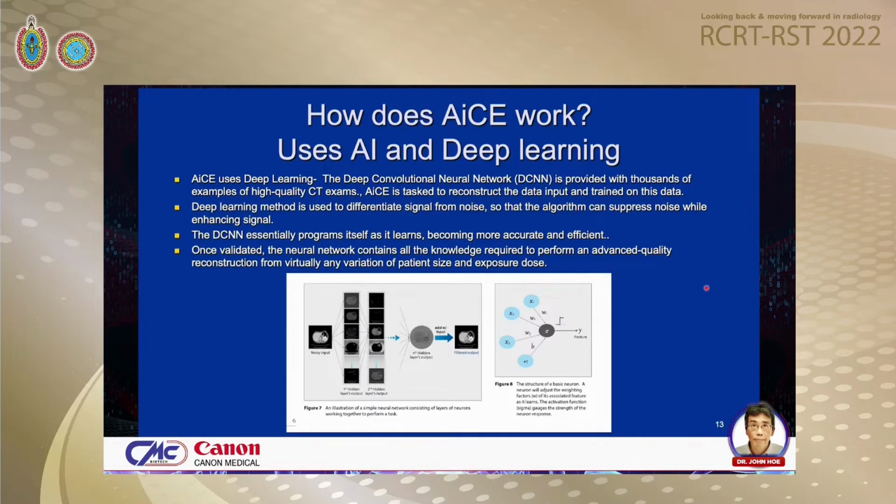And this essentially learns from itself and becomes more accurate and efficient. Once validated, the neural network contains all the knowledge required to perform an advanced quality reconstruction from virtually any variation of patient size and exposure dose.